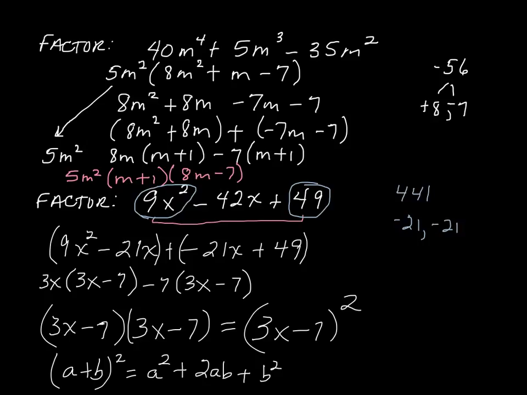It's a 3x. What do you square to get a 49? It's a 7. Okay? 3x and a 7. But is the middle term twice that? Twice the 3x times the 7. Yes, it is, because 3x times 7 is 21x, and that times 2 is 42x.